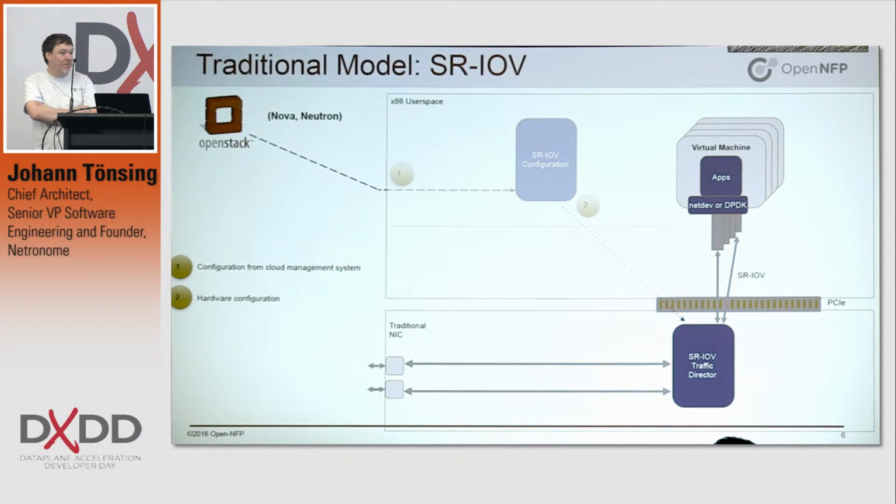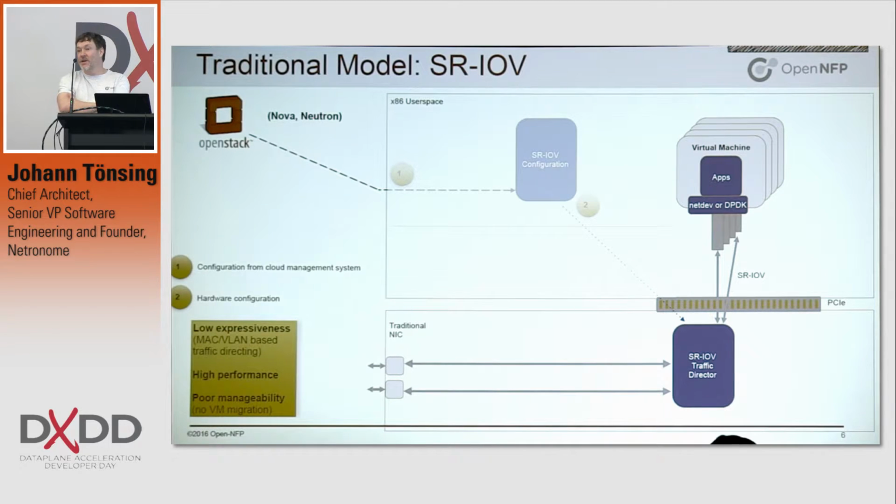You can maybe map a physical port over into a virtual function. Sometimes you can do an exact match on things like a MAC address or a VLAN tag. But it's really only a few simple fields directing the traffic to the right virtual function. So the expressiveness of this solution is quite low.